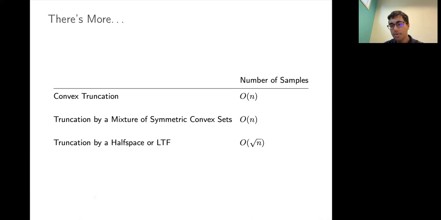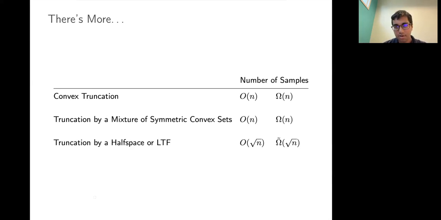And in addition to upper bounds, we also get lower bounds, which show that for convex truncation, you need linear in n samples. Again, same for truncation by mixtures of symmetric convex sets, and also up to a logarithmic factor for truncation by half spaces. So all our results are either tight or essentially tight.